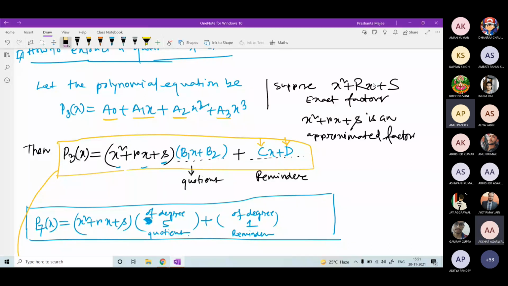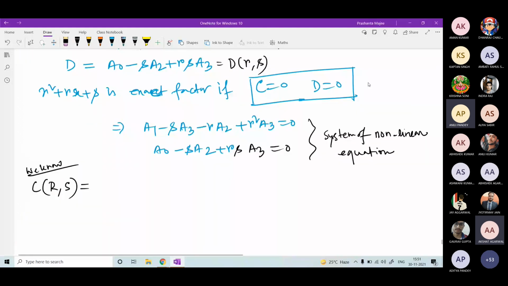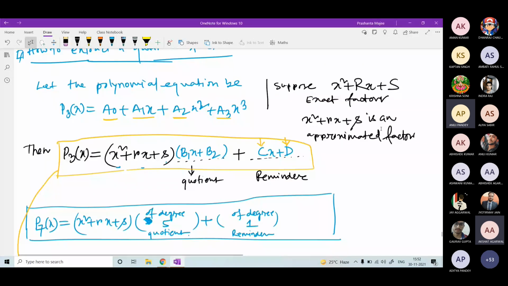So that is what I'm going to write. We know capital C of R, S equals 0 and capital D of capital R comma S is also 0. So we assume that x square plus capital R into x plus capital S is the exact factor, and x square plus small r into x plus small s is the approximated factor.